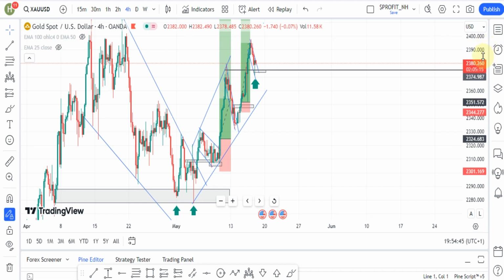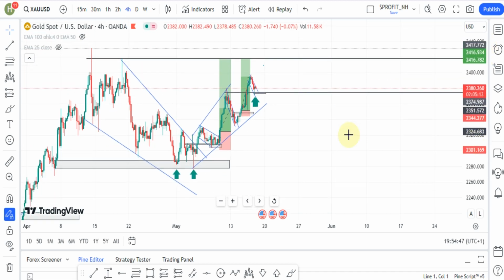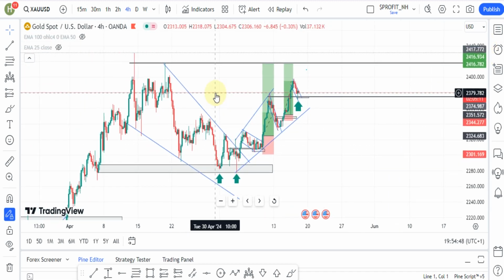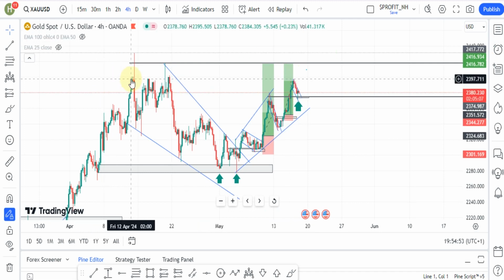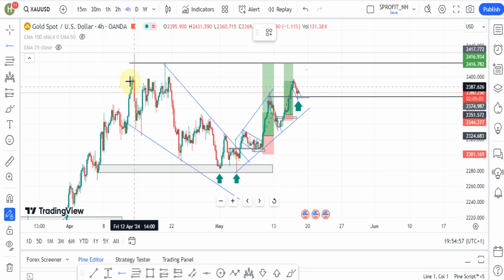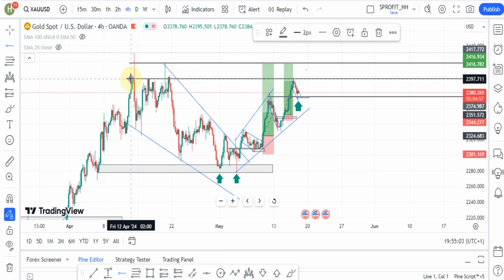As you've seen, after this gold market pushed all the way to this area, we had this resistance up here, whereby the market did respect this resistance. And we've seen from the DXY that right now it wants to create something like a double bottom at that point.